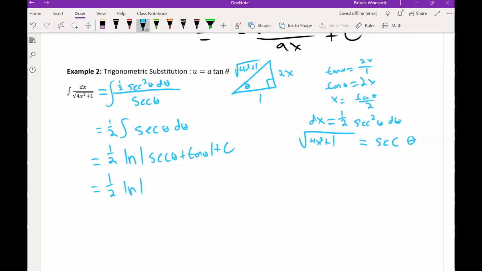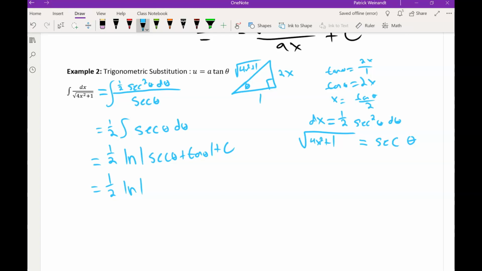Secant we know is 1 over cosine, so it's the reciprocal of the cosine identity. Cosine is opposite over adjacent, or excuse me, it's opposite over hypotenuse. So we know that secant should be hypotenuse over opposite. This is going to be the square root of 4x squared plus 1 over adjacent. Goodness, have I been saying the wrong thing?